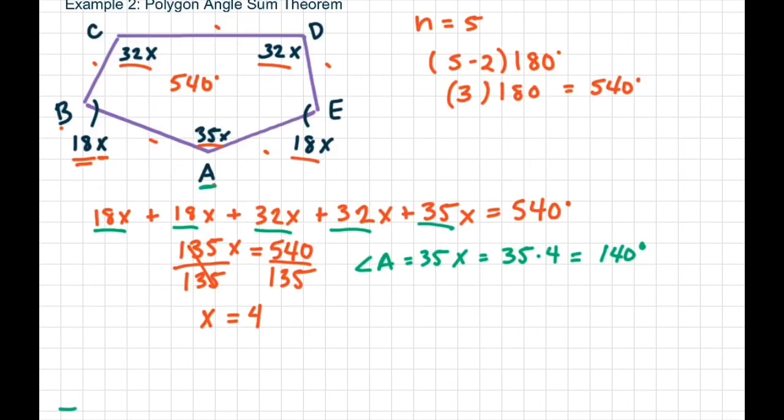If I look at angle B, it's 18x, so 18 times 4, and 18 times 4 is 72.